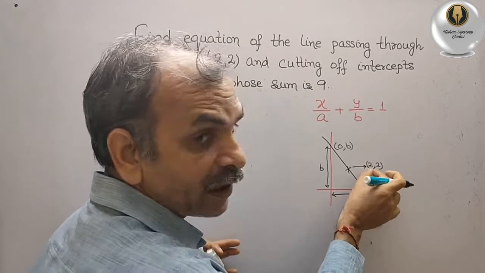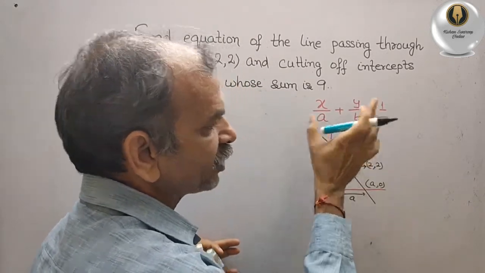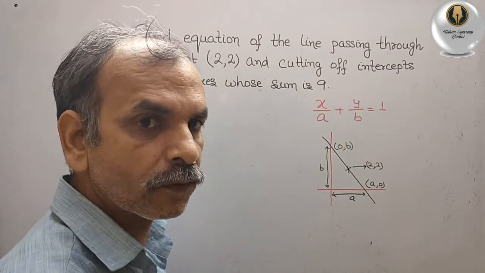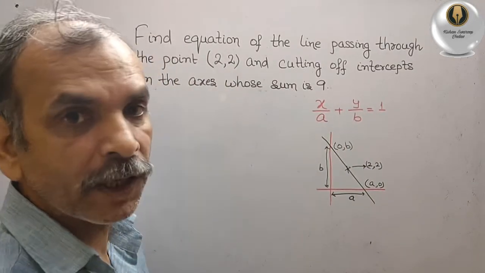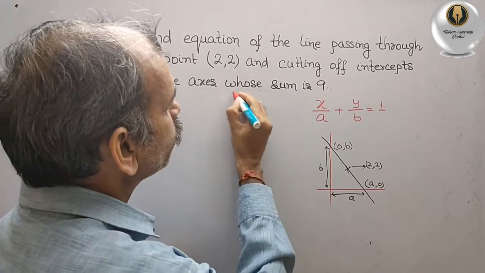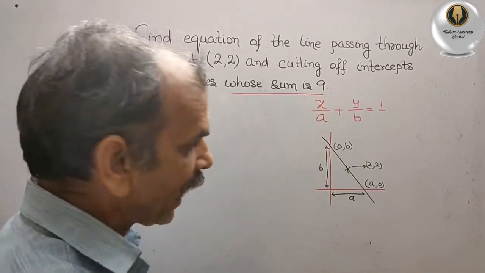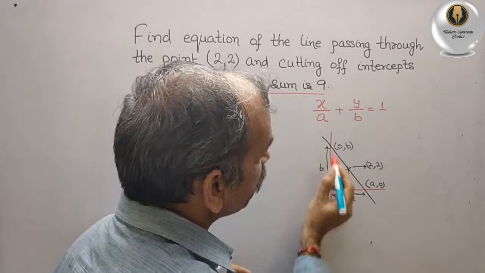So that means it will satisfy this equation. Now, what he has already given, he has given whose sum is 9. That means A plus B is equal to 9.